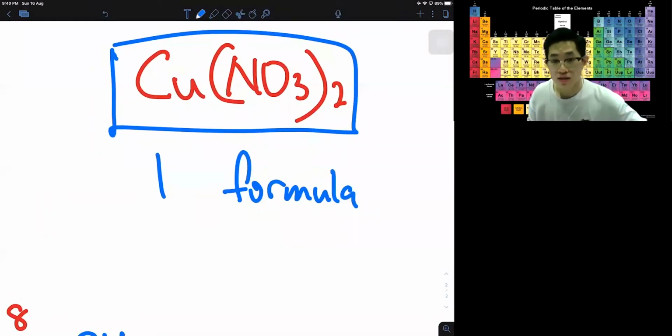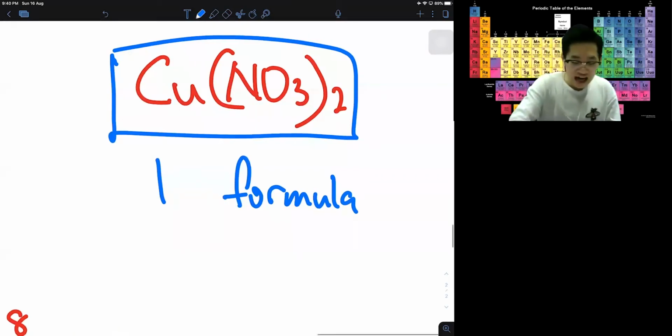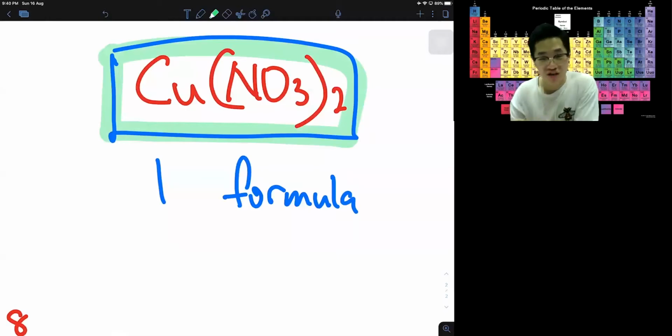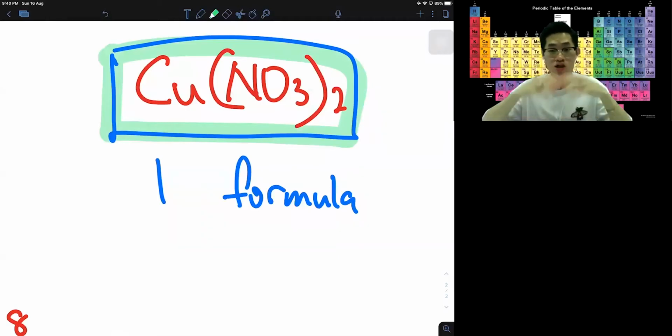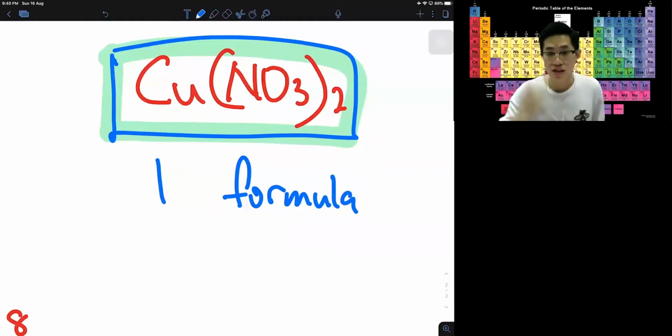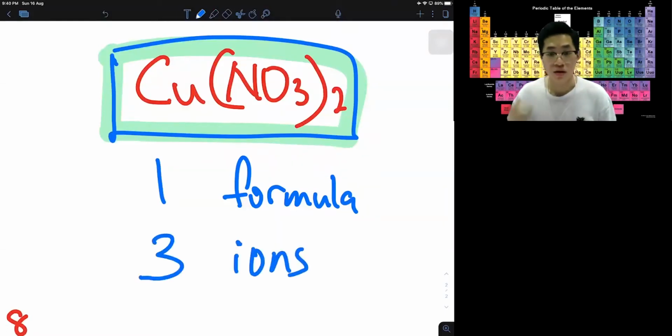If they are asking the whole thing, it is called formula, or you can write units. How many units of formula? If they give you H2O, it is called molecule. Unless they ask you how many atoms, then you have to multiply yourself. Just like this one. One formula has 3 ions, right?